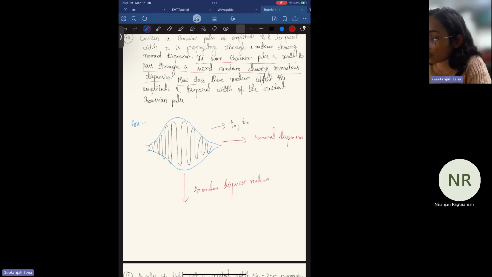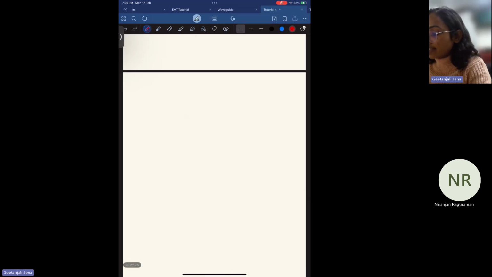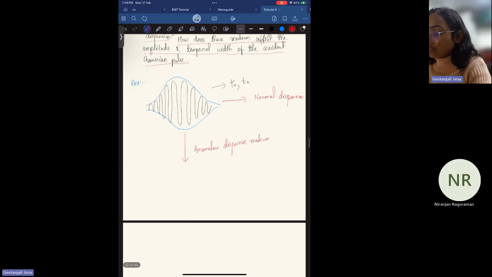How does this medium affect the amplitude and temporal width of the incident Gaussian pulse? It is asking about the effect on psi 0 and the effect on T0 after propagating through these two different media.